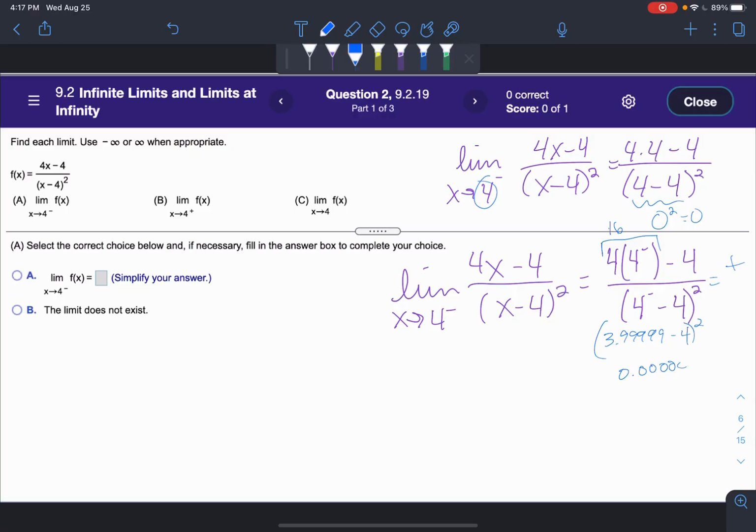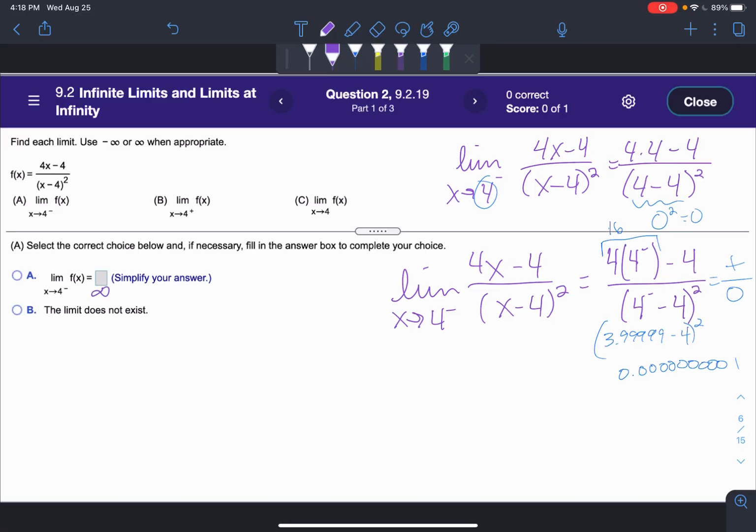So when we divide a positive number by a really small number that's almost 0, that's going to blow up, all right? If you divide something by a really small number in general, it's going to be a bigger number. So that's why this is going to be infinity.